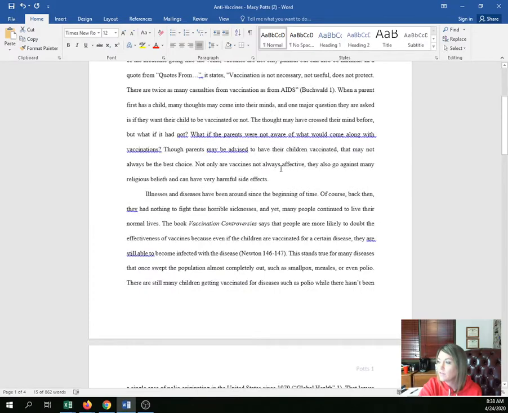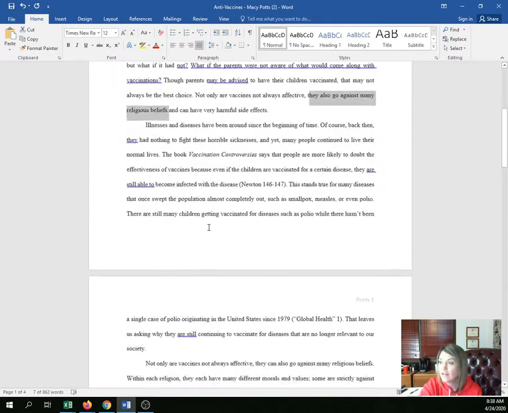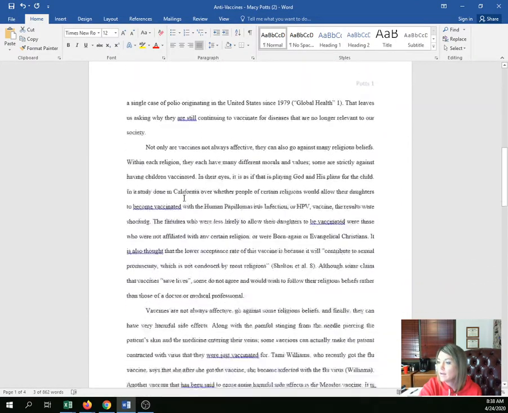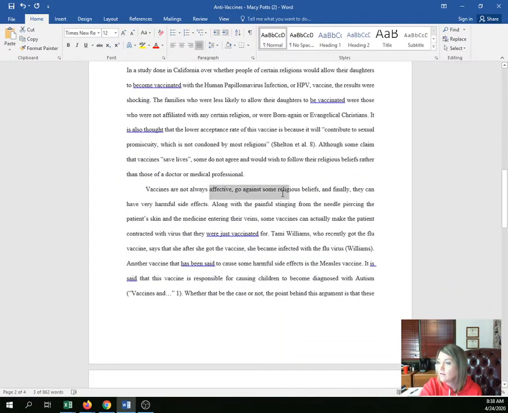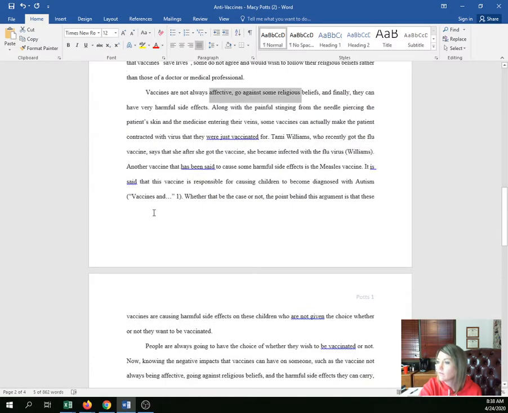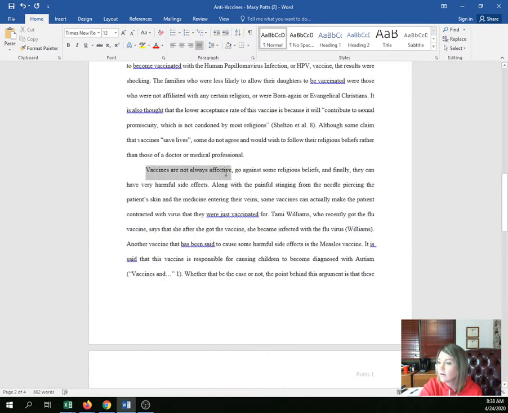If you go back up to the thesis, they go against religious beliefs. That's our B. So that's body B. Our C should be side effects. So we have our A, B, and, where are we at? Oh, right here, C, sorry. They have harmful side effects.